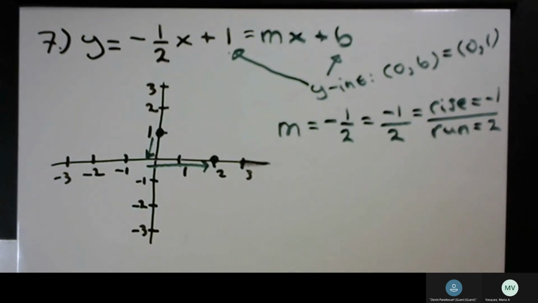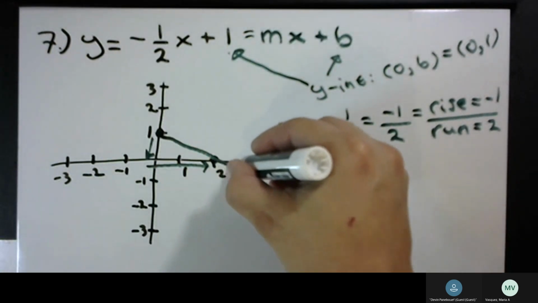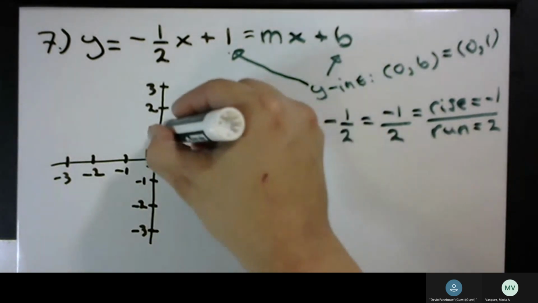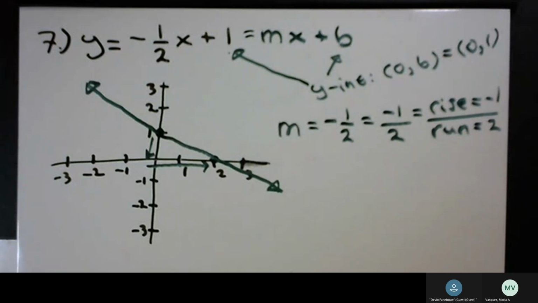And that would give us our second point. And then connecting these points, that's going to give the line. So that's one way of doing this.